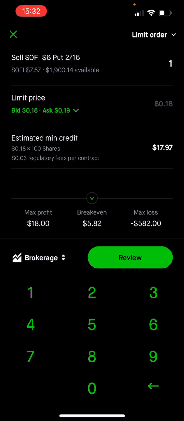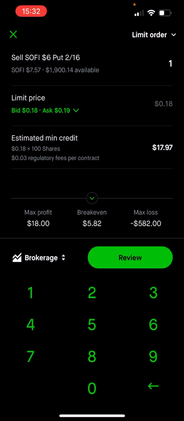So if it's at $6 I'm looking at, I'd want to have about $6,000 in my account. Or if this cash secured put was $10, I'd want about $10,000 in my account to start out, and I'd only do 25% of that with cash secured puts at once. So let's say for this stock, I had $6,000 available in my account and I was just starting my position in SoFi.